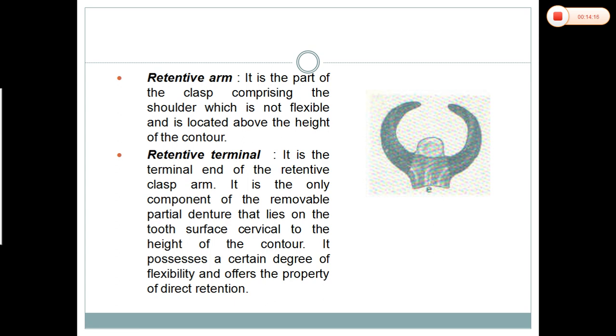It possesses a certain degree of flexibility and offers the property of direct retention. So when anyone asks which part of the clasp assembly has some flexibility, it is the retentive clasp tip or retentive arm terminal. Only the retentive arm terminal is flexible, which runs over the height of contour and settles into the undercut area.